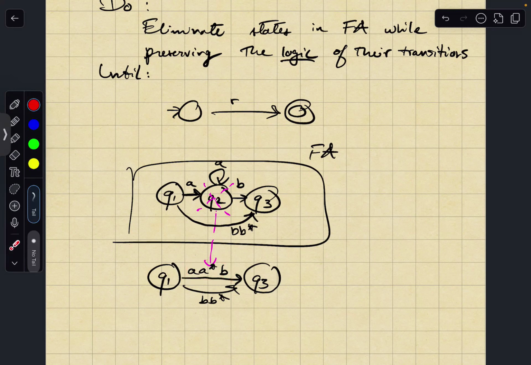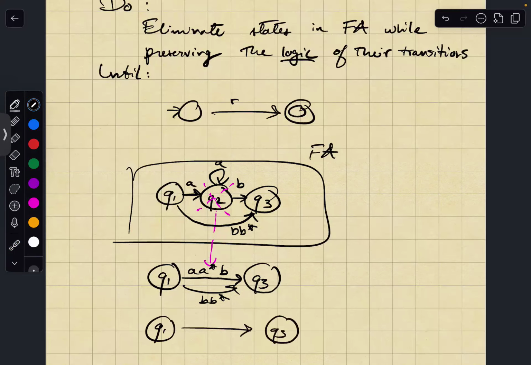That's just a disjunction, so I use the plus operator from the regular expression syntax. Instead, Q1 goes to Q3 by reading either A star B plus BB star. Okay, so this is what I mean by preserving the logic. It was very vague at the beginning, but hopefully you're starting to get the idea.